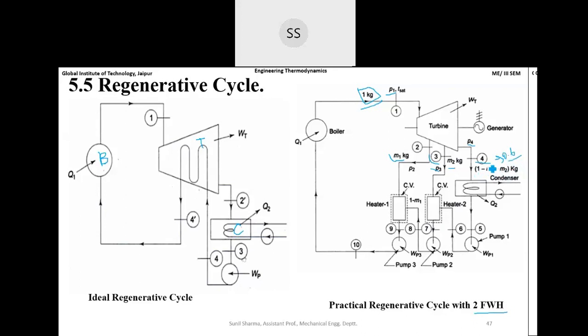Okay, so 0.6 kilograms of steam, after complete extraction, comes to the condenser, releases heat and is converted to water.